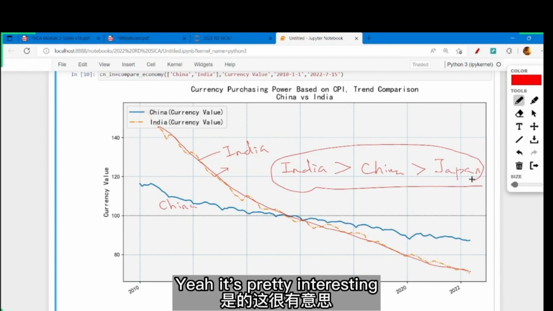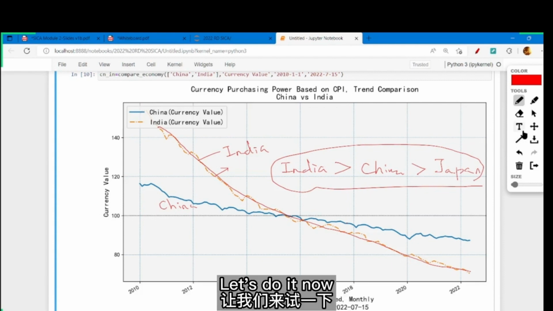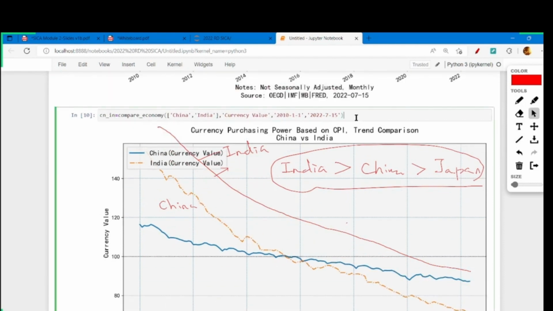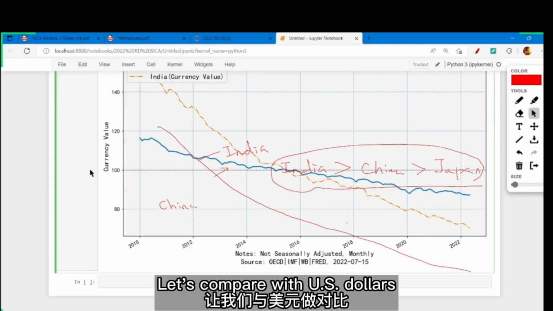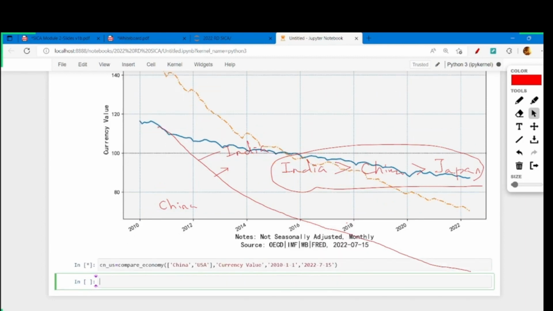In this way, we can compare with the US dollar as well. Let's do it now. Let's compare with US dollars.